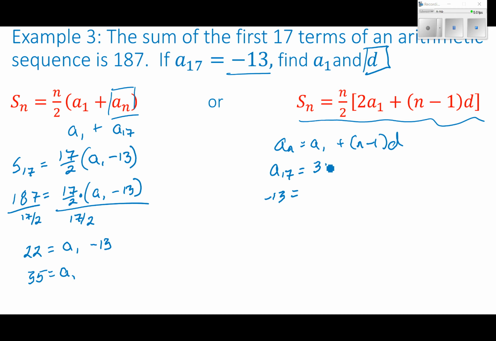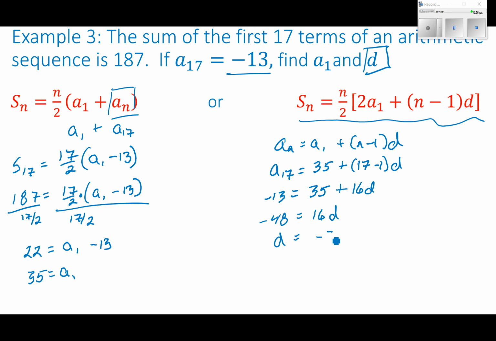I know now my first term is 35, plus my n minus 1, well, this was 17 minus 1, times d. So this is plus 16d. If I subtract 35 from both sides, I end up with negative 48 equals 16d.